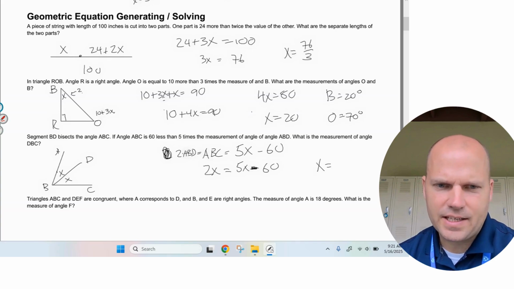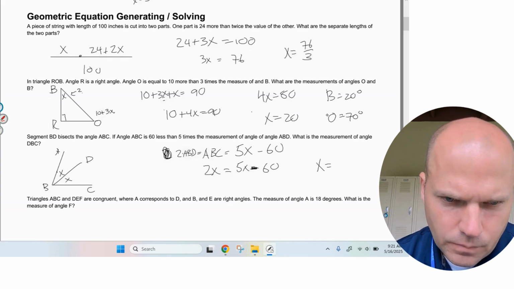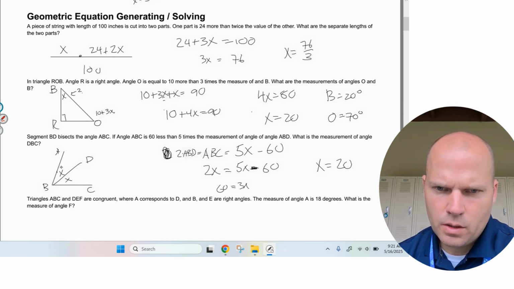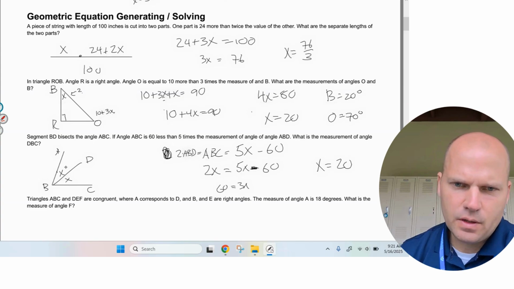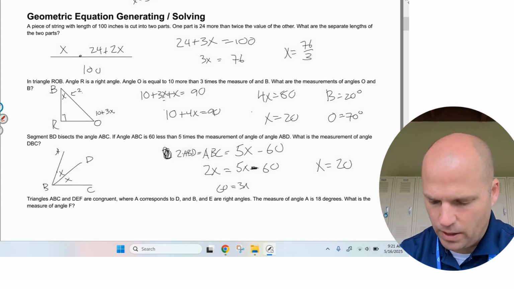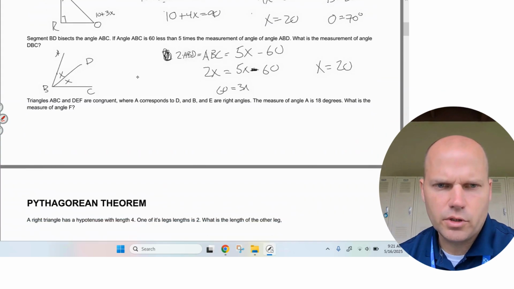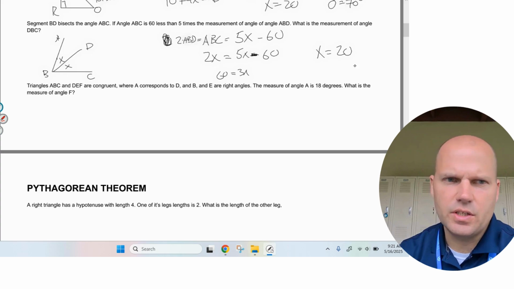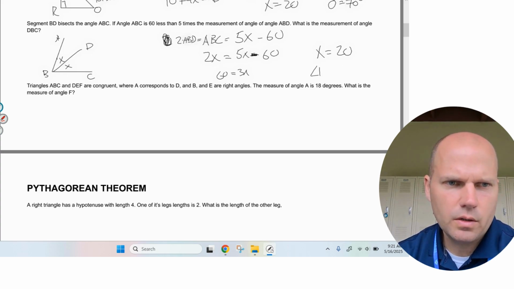So we get that X has to equal, solving, 20. 20 times 5 is 100. 100 minus 60 is 40. 20 plus 20 is 40. Wow, good question. It's a really good question. So angle DBC is 20.